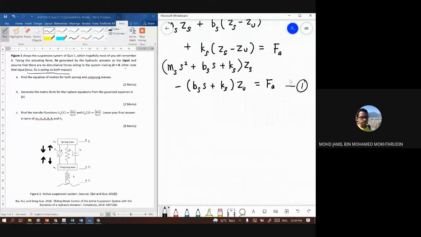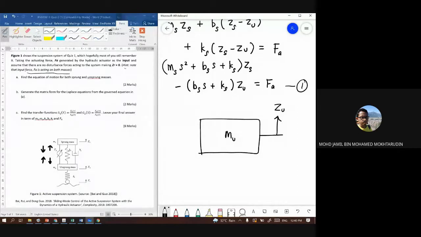And now let's look at the second mass. Again, on the second mass, we have spring Ks, damper Bs, and spring Kt. If we assume Zr equals 0, then Kt is something like connected to a wall or a floor, because Zr is not moving.